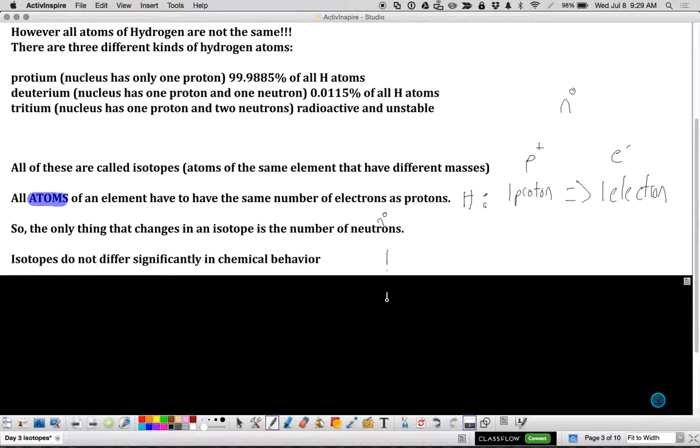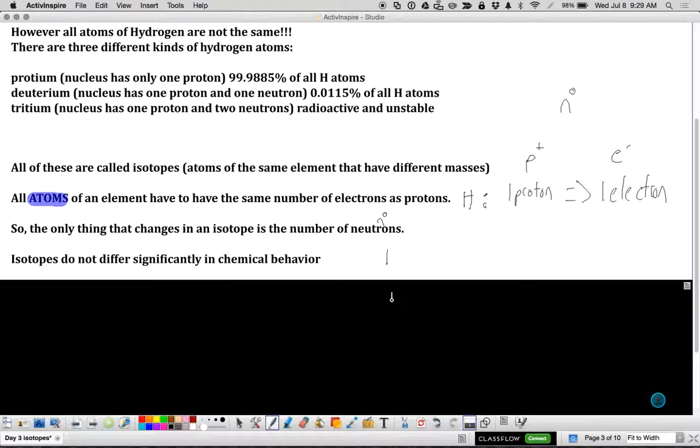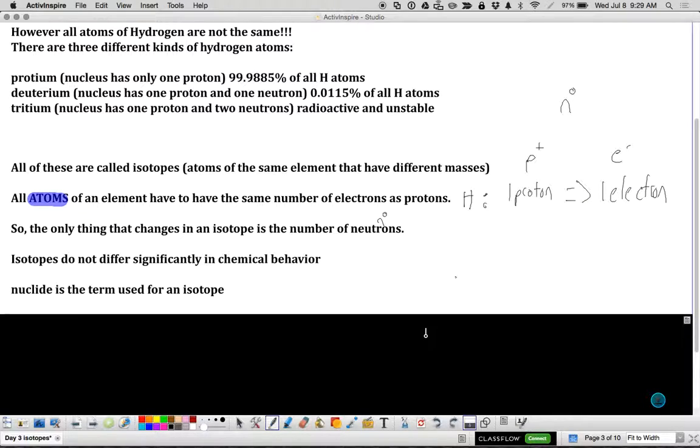The kind of cool thing here is that isotopes do not differ significantly in chemical behavior. They do differ a little bit, but protium and deuterium will act very similarly, because they have the same number of protons and the same number of electrons. The only way that they differ is the number of neutrons.